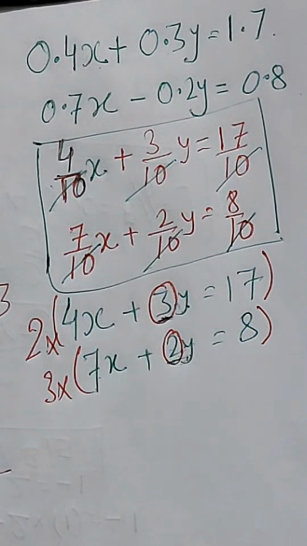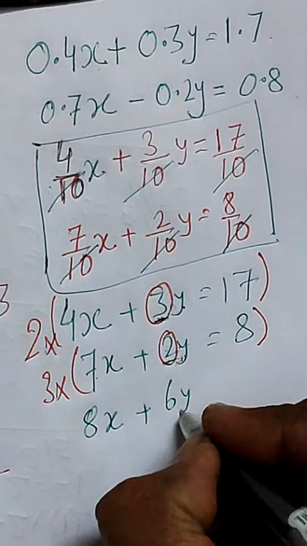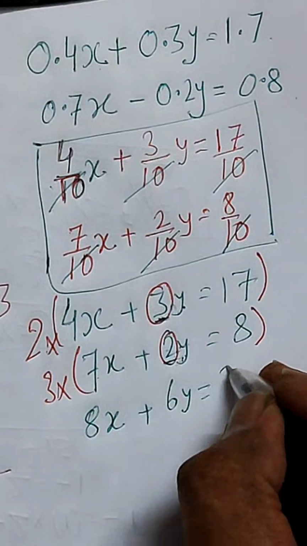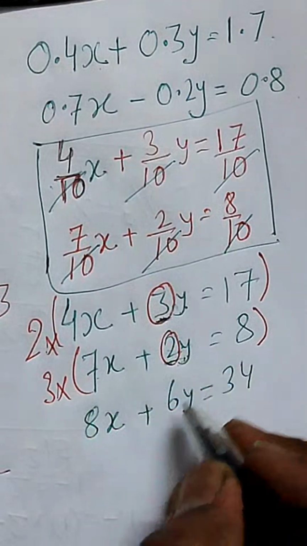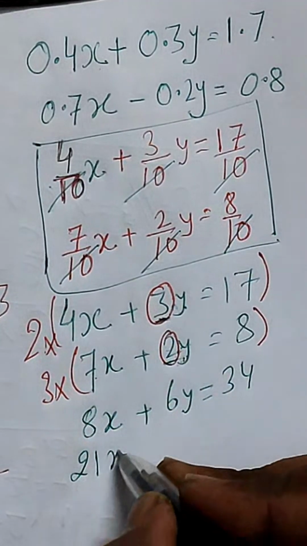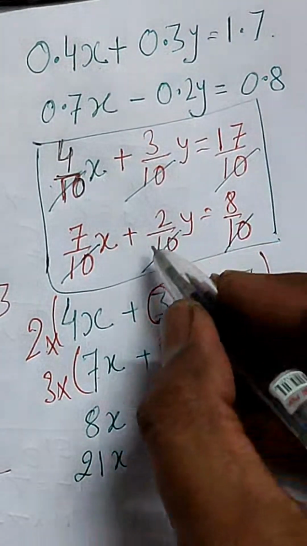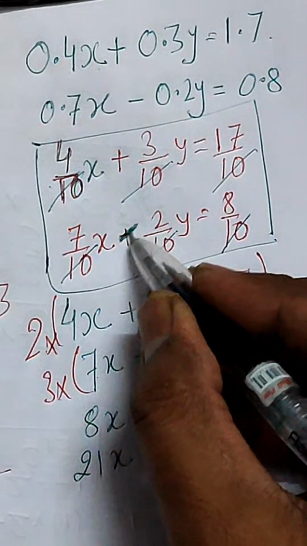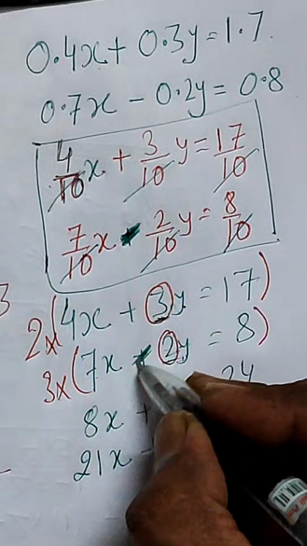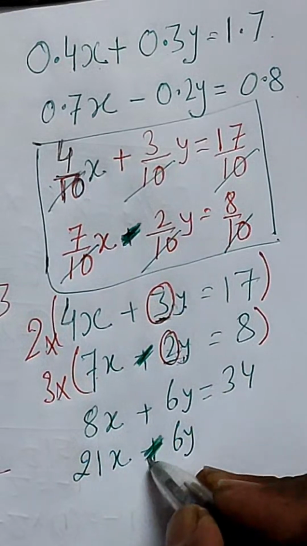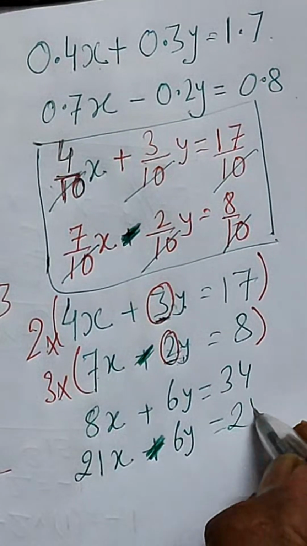Then the equations will look like this: 8x plus 6y is equal to 17 into 2, that is 34, and the second equation will look like 21x minus 6y, sorry, it's minus in the second equation, is equal to 24.